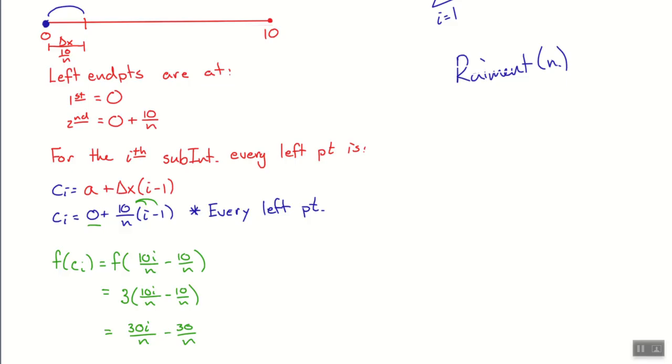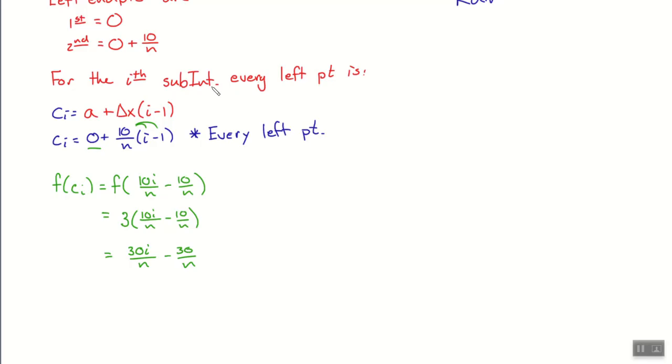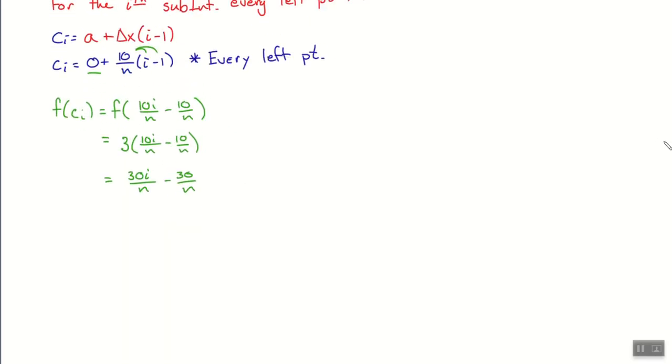What I want to highlight out of all of this, when we start actually doing these problems, we won't write all this in black. I'm going to highlight a summary of what we found and what we really truly need out of all this. In black, if we're doing this problem by ourselves, I would only have this. But I have delta x is 10 over n. Then I would do the work to work out c sub I is this, 0 plus 10 over n.